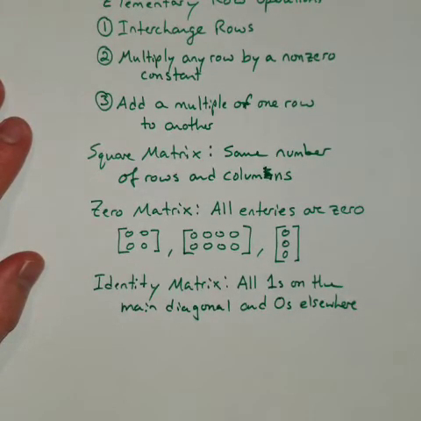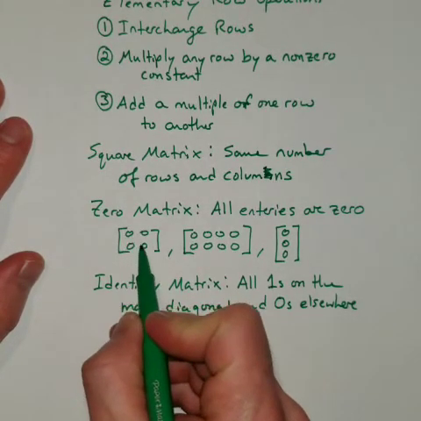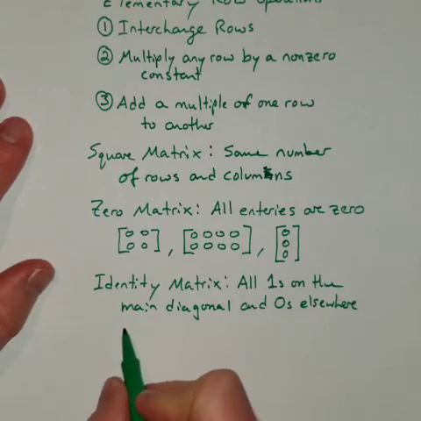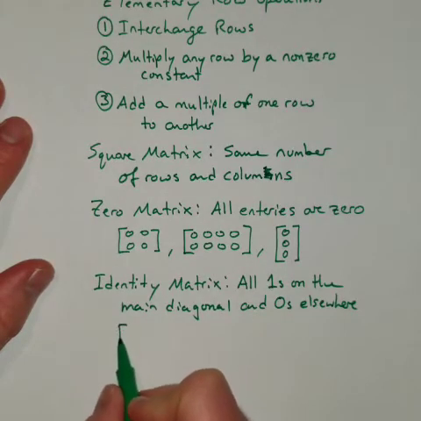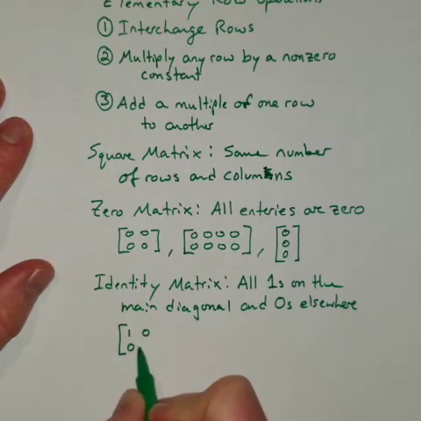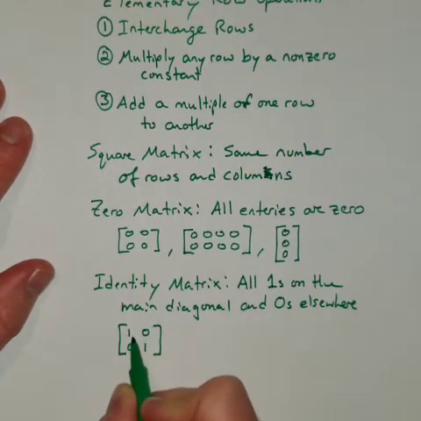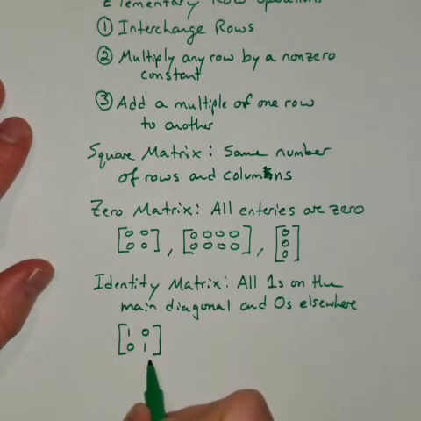Now when I say the main diagonal, that's the diagonal going down to the right. So an example, and this is one that we've seen before, 1, 0, 0, 1. The main diagonal is this one going down to the right.